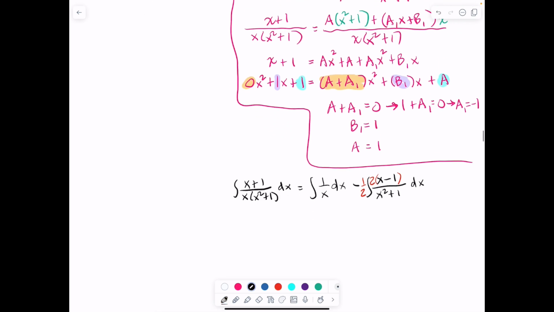So now, the integral of 1 over x dx is natural log absolute x, minus 1/2 times the integral of 2x over x squared plus 1 dx, minus 1/2 times the integral of negative 2 over x squared plus 1 dx.